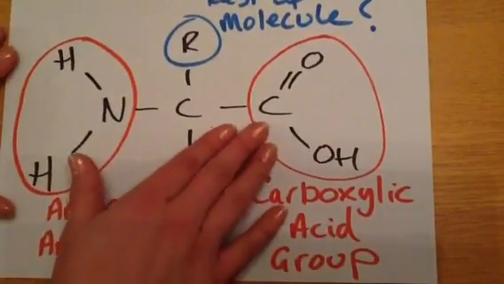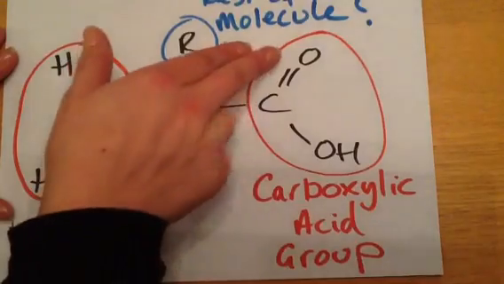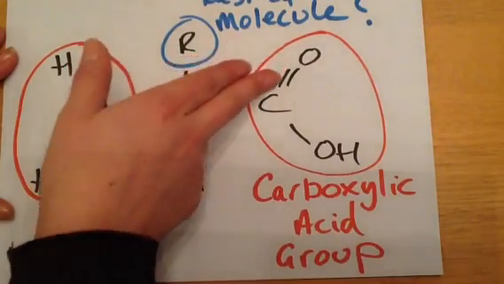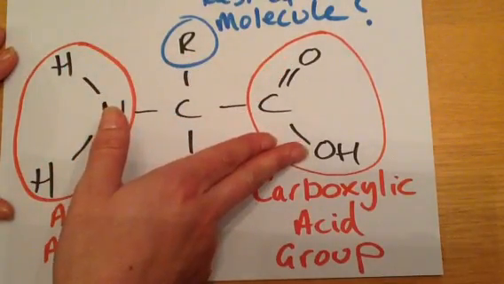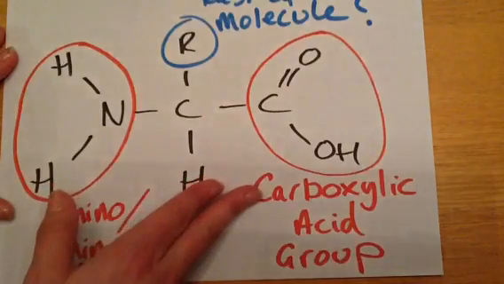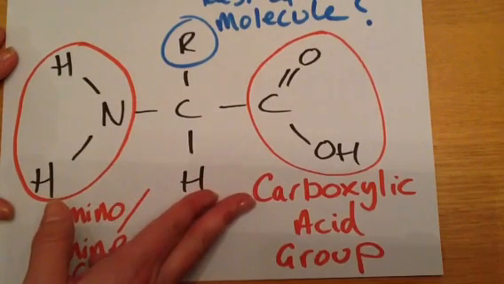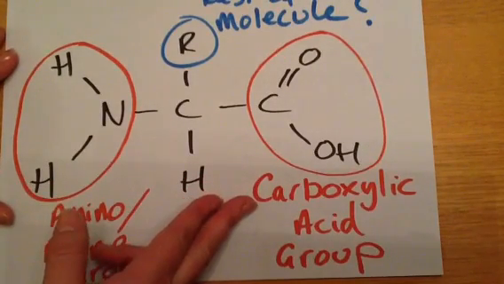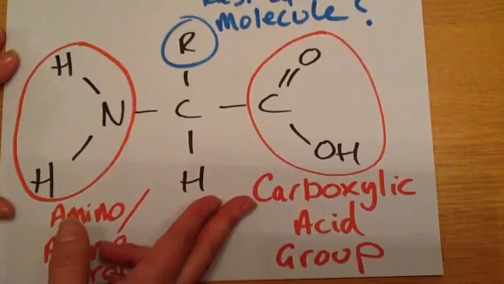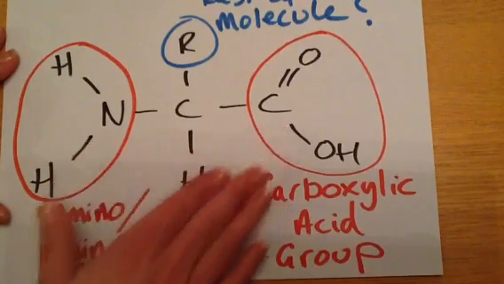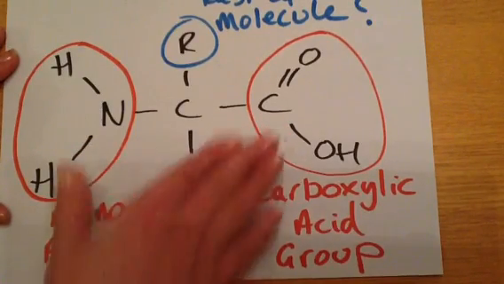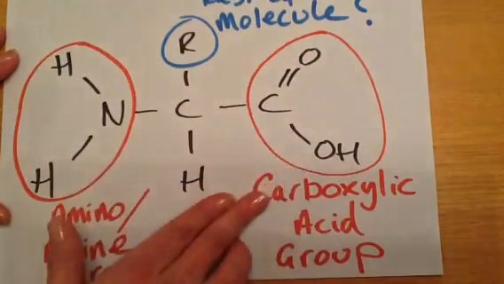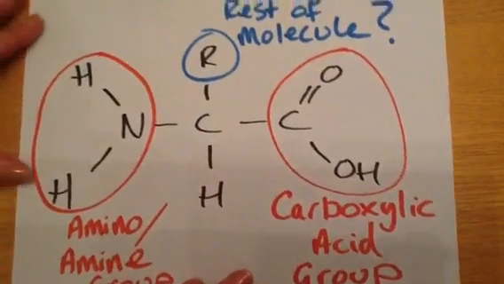Okay, and on the other side, we have the carbon atom that's covalently bound with a double bond to the oxygen and to the OH group at the bottom here. Now, this is a carboxylic acid group, or a carboxyl group. Again, if you study chemistry, you might have already come across this. If not, you just, for biology, need to know the name. The COOH group is a carboxylic acid group, or a carboxyl group.